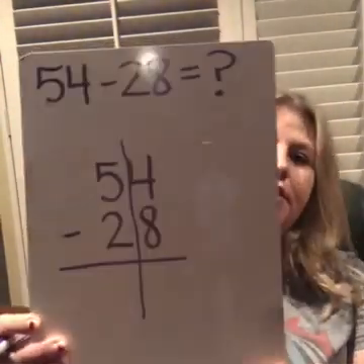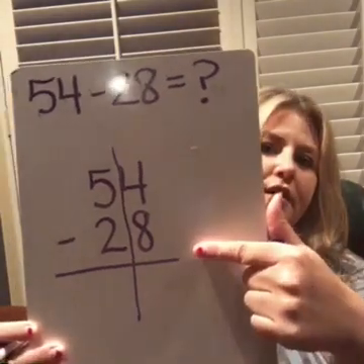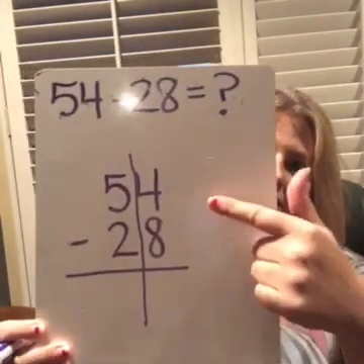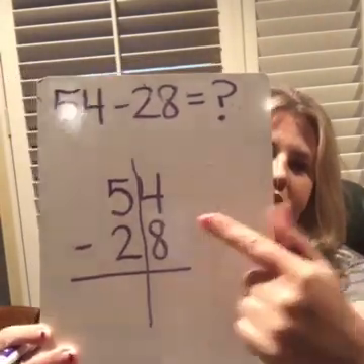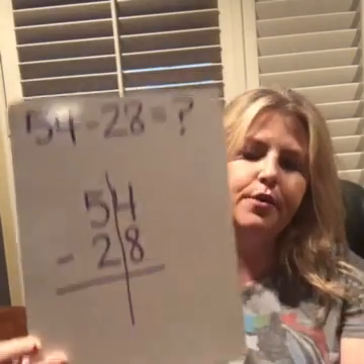And just like Miss Marshall said, do you remember our poem? Big number on top, no need to stop. Big number on the floor, go next door, borrow 10 more. All right, so is the big number on the top or the floor? The floor. So we're going to go next door and borrow 10 more.